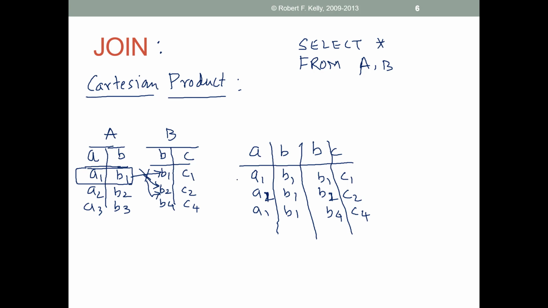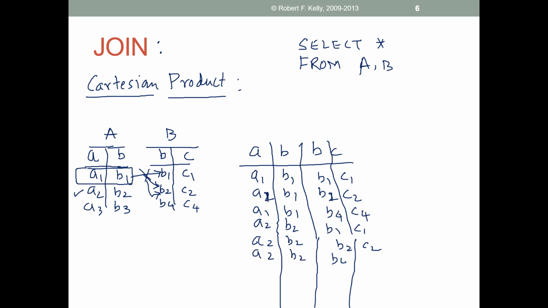For A1 B1 you will get these three tuples, combining the different tuples from B. You do the same with the second tuple from table A: A2 B2 with B1 C1, A2 B2 with B2 C2, and A2 B2 with B4 C4.